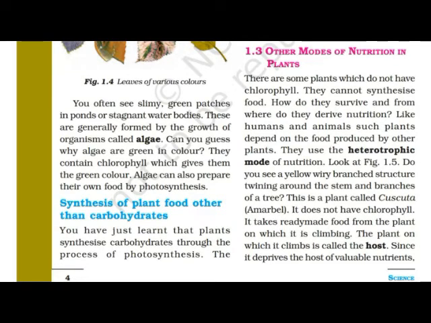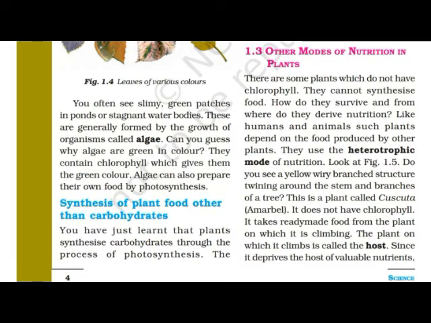Okay, so this question you can also prepare. The plant on which a heterotrophic plant climbs is called host. Since it deprives the host of valuable nutrients, it is called parasite. Now, I'm not going to mention the name of the tree; you have to find out.